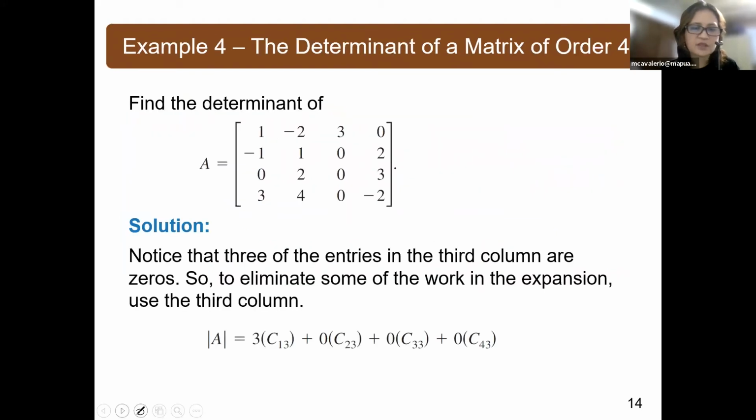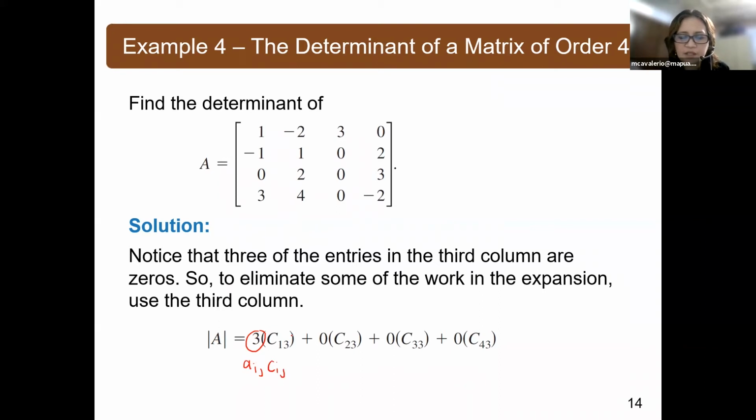Now let us try a 4 by 4 matrix. Notice that 3 of the entries in the third column are zeros. So to eliminate some of the work in the expansion, we are going to use the third column. The determinant of A is equivalent to the a sub ij multiplied by the C sub ij along a column.